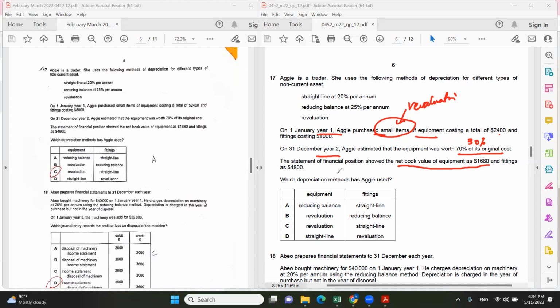Then the statement of financial position will show the net book value of equipment. To find your depreciation, you take this minus this. Sorry, this is the first year and this is the second year. We need to calculate the second year.